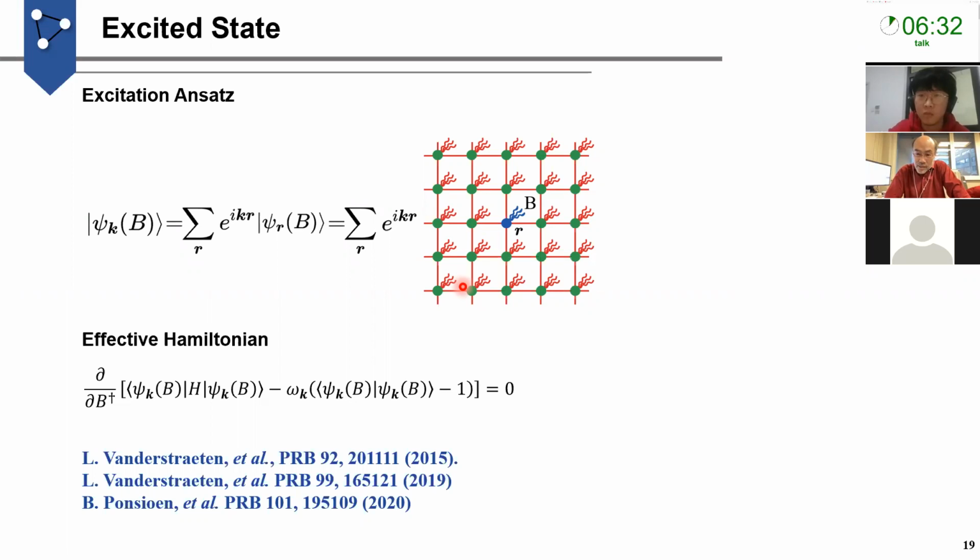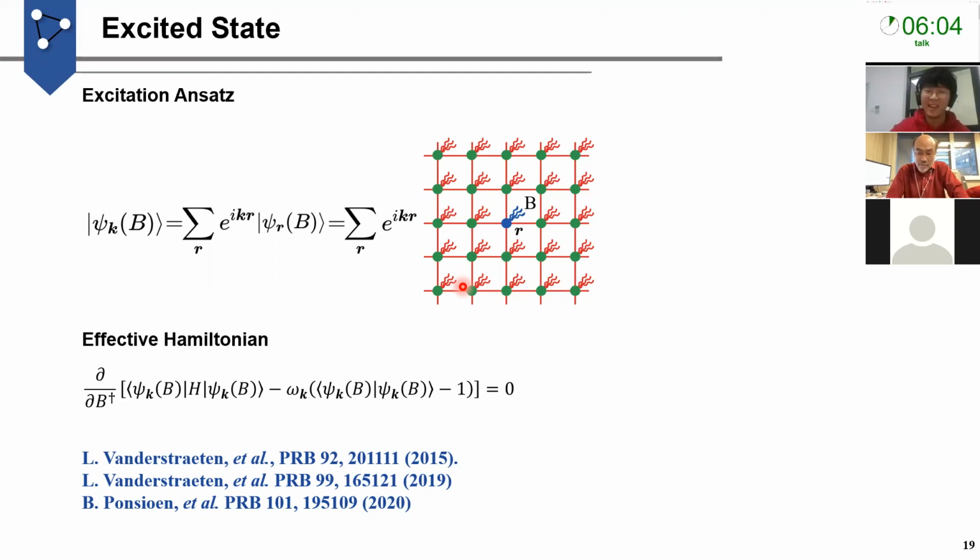But it seems that from the spectrum, you have captured very high excitations, and those excitations might involve several particles and might be spreading out. So do you have any insight into why you can capture those complicated excitations from this simple ansatz?